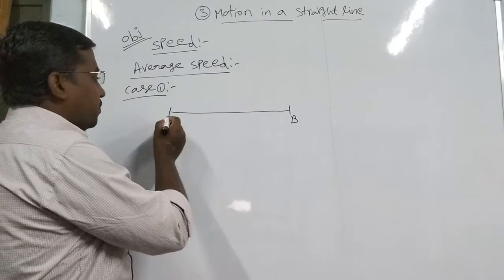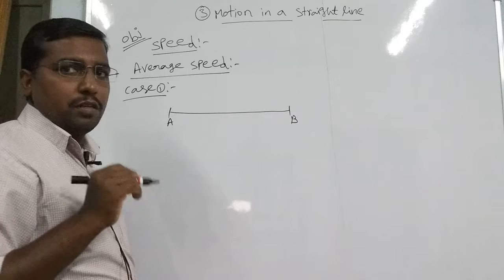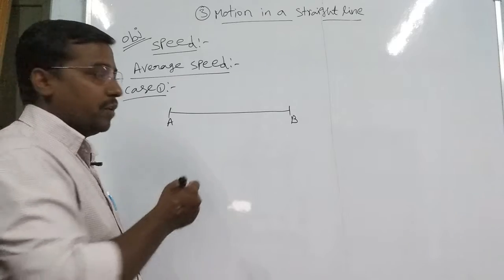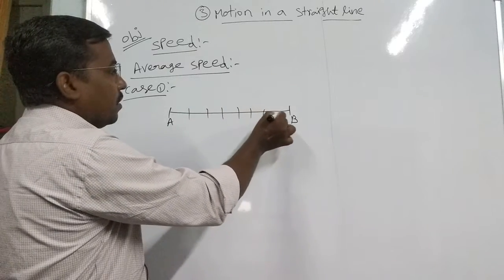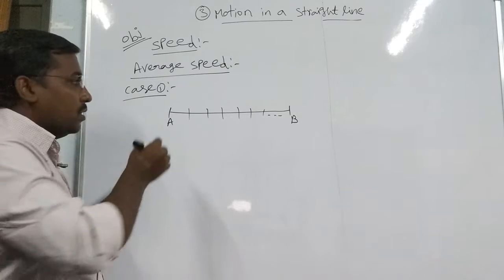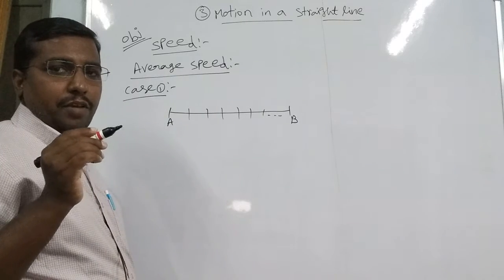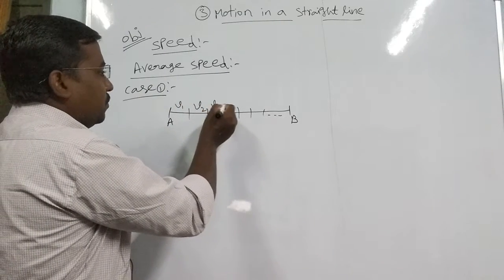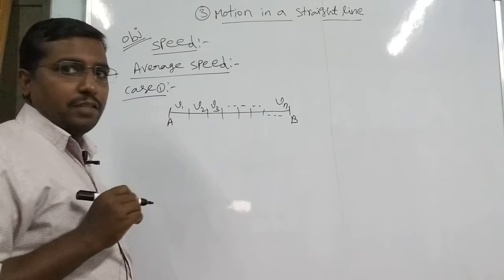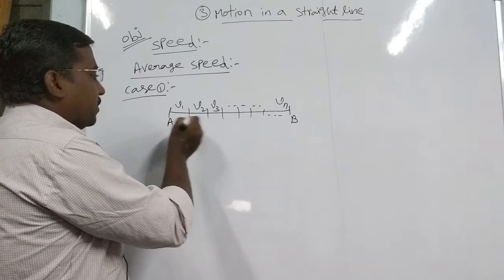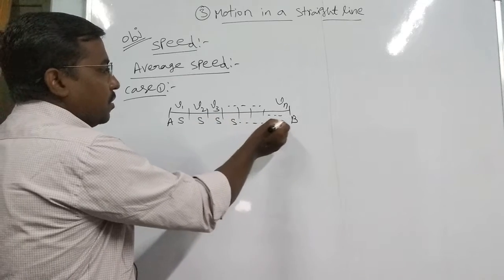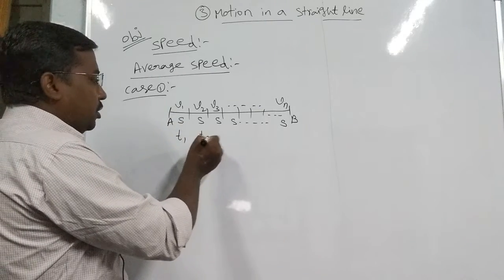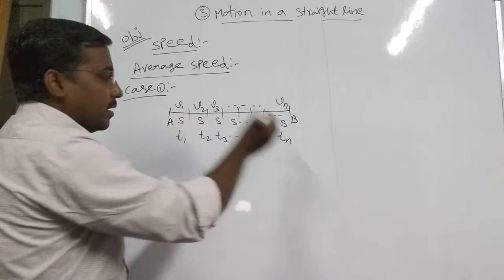Now from this point A to point B an object travels, that is, any vehicle will travel from A to B with different laps up to B. Now in this lap we consider a vehicle covering different velocities v1, v2, v3 and so on up to vn in the same distance, that is s, and so on up to s, and also in different times t1, t2, t3 and so on up to tn.